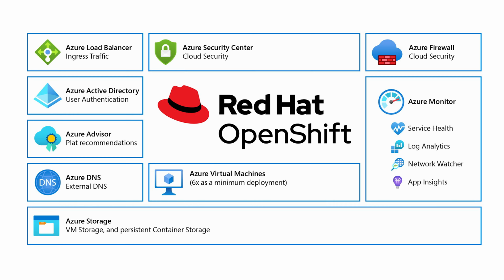You can also link ARO to Azure DevOps or GitHub Actions for automated deployments, the same pipelines you'd use for Azure Kubernetes Services or AKS.